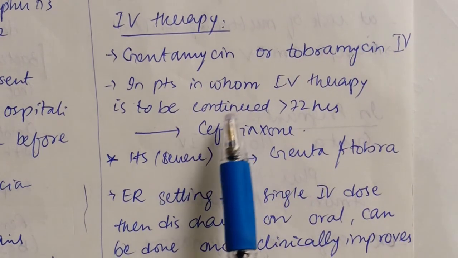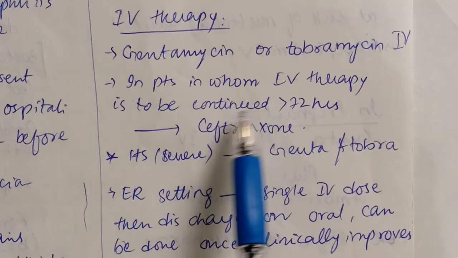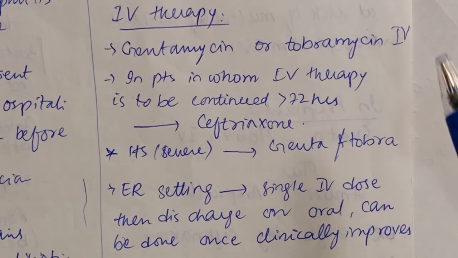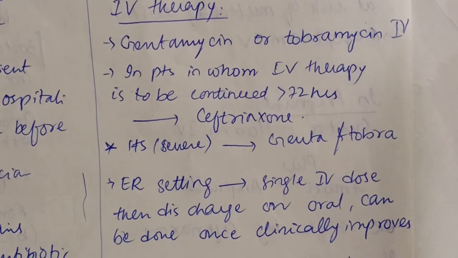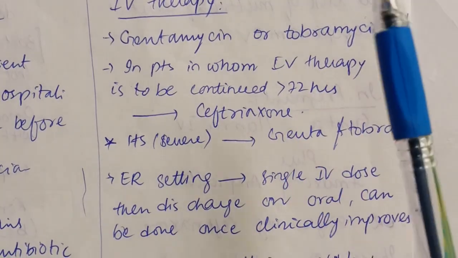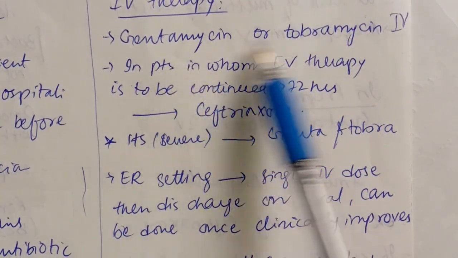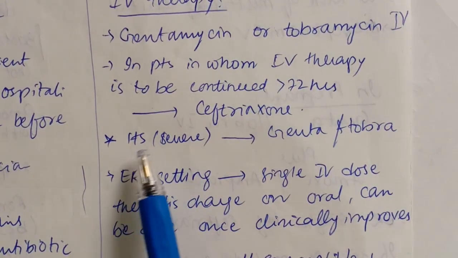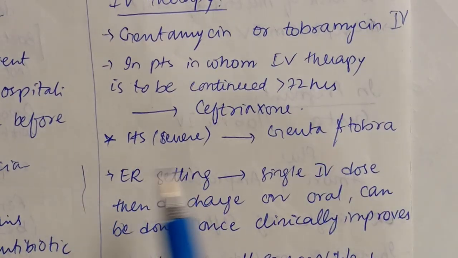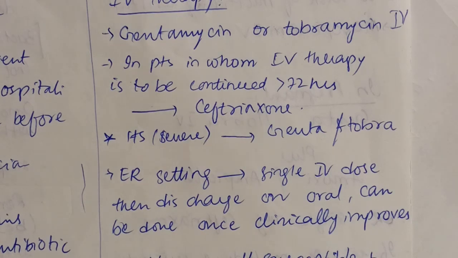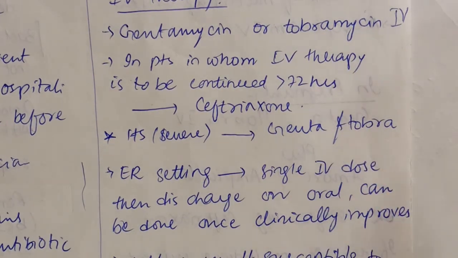And in patients in whom IV therapy is to be continued for more than 72 hours, for example, if the patient has severe symptoms or is a high-risk patient with some risk factors for severe disease, we are going to give ceftriaxone in the first place instead of gentamicin or tobramycin. And if the patient has a severe hypersensitivity reaction to penicillin, ceftriaxone would be contraindicated, and then gentamicin or tobramycin would be the drugs that would be given.